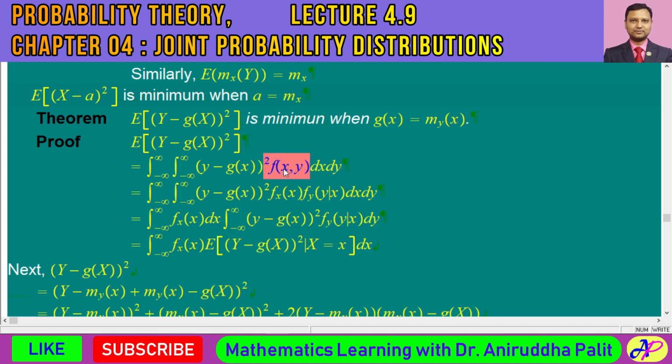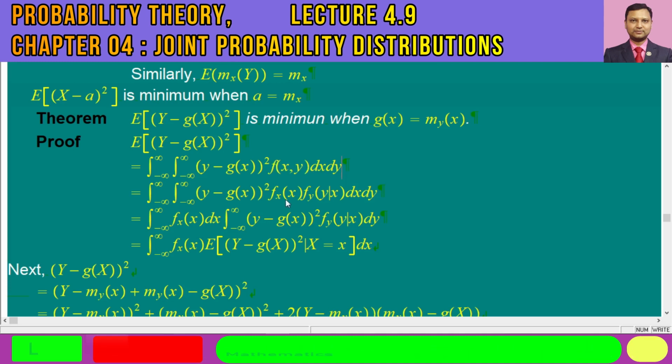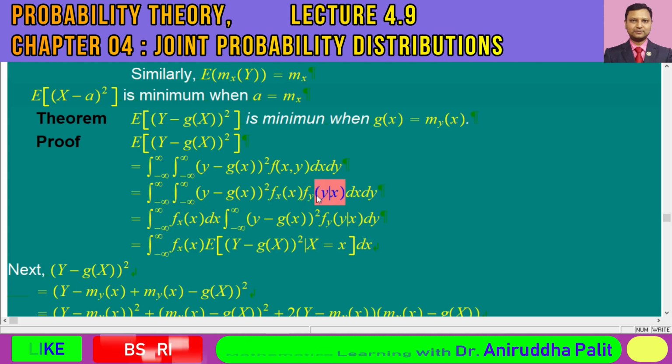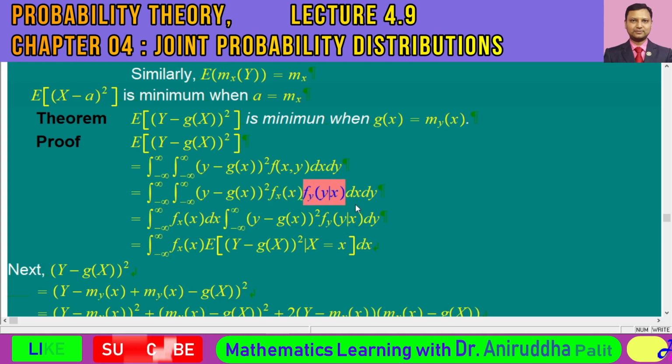And this density function of the bivariate distribution can be written as the marginal density function of x multiplied by the conditional density function of y given X is equal to small x.